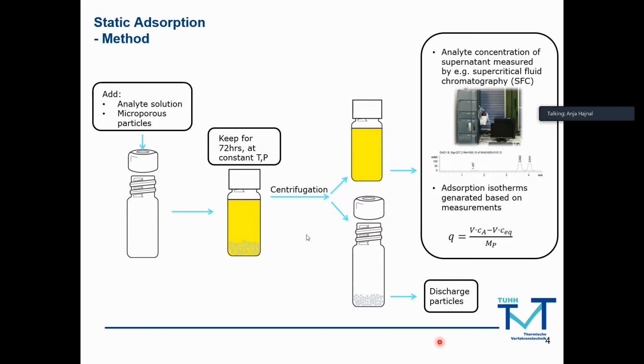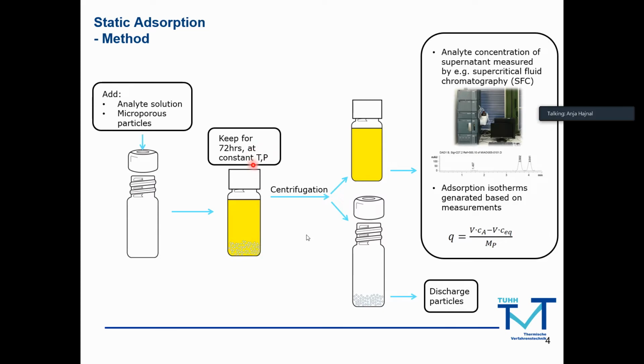Normally, practically, we determine these isotherms experimentally by bringing our solution with a known concentration of our target compound into contact with a known mass of our adsorbent.